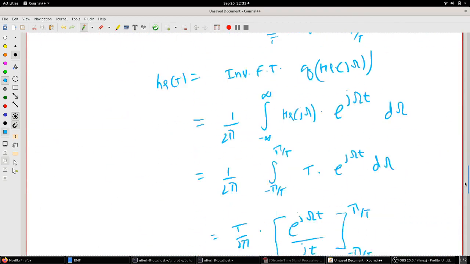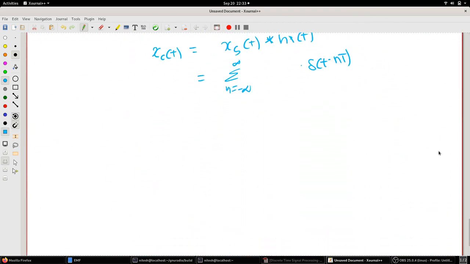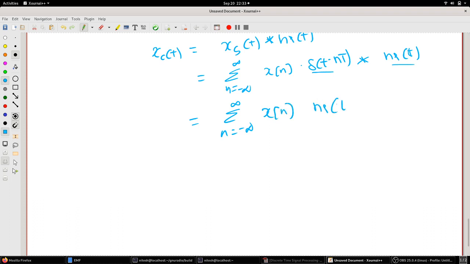So I can add this as x[n] into δ(t minus nT) convolved with h_r(t). The convolution of this with this will be the summation, n equal to minus infinity to infinity, of x[n] into h_r(t minus nT).